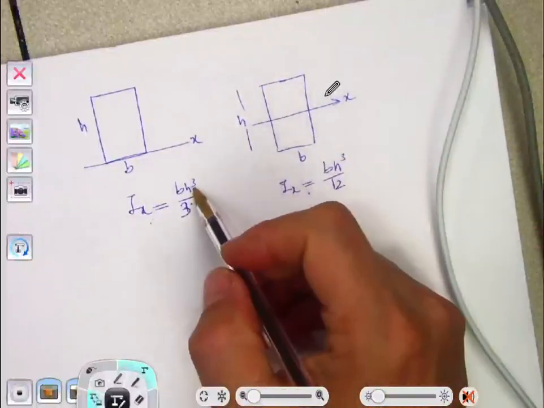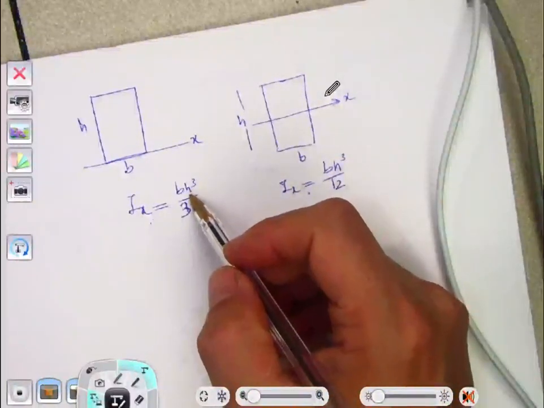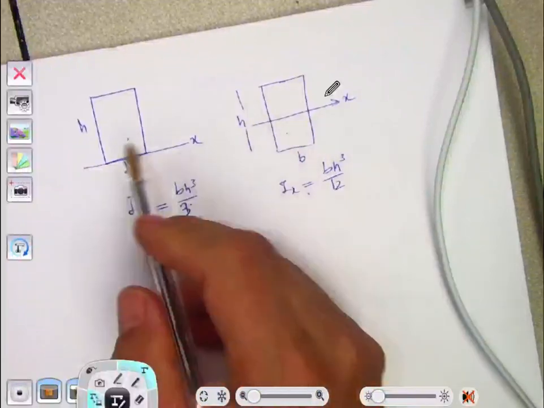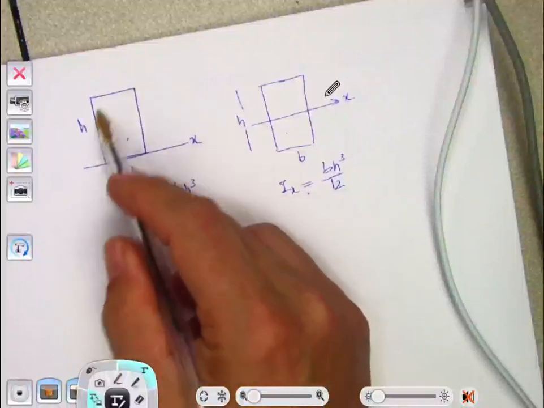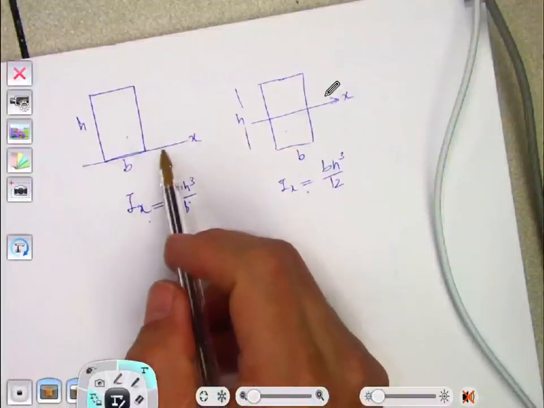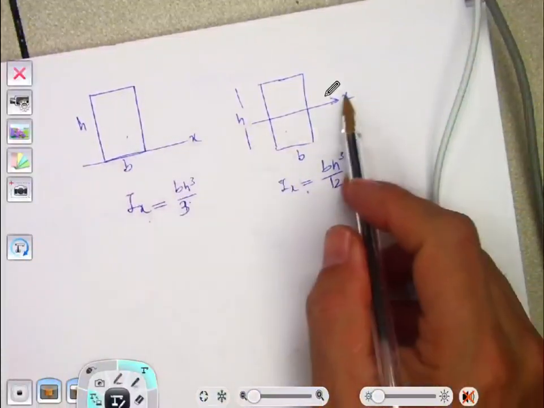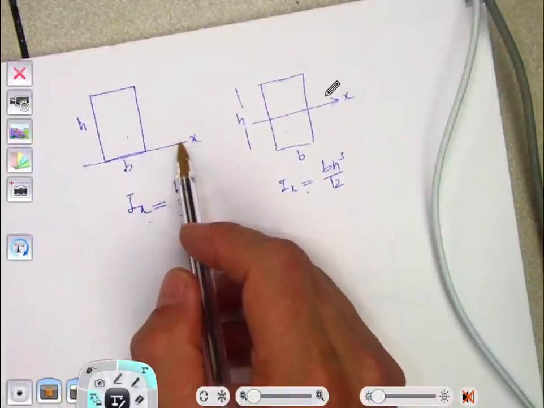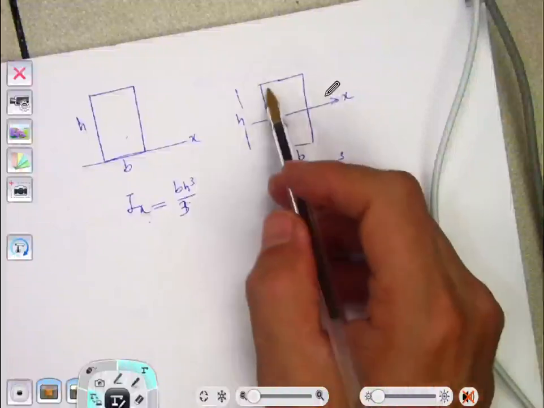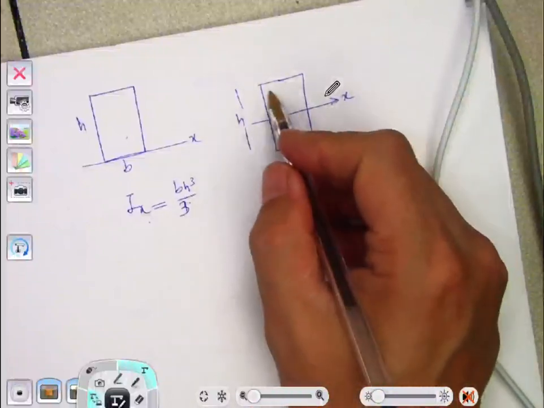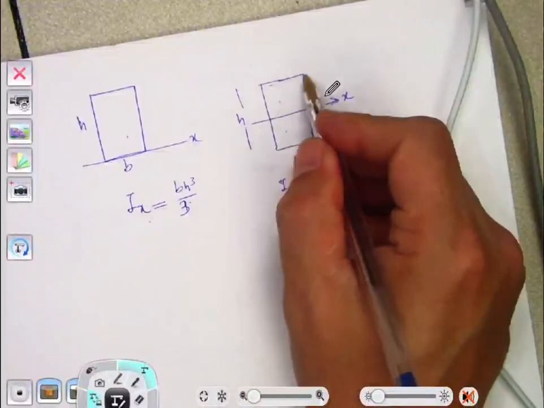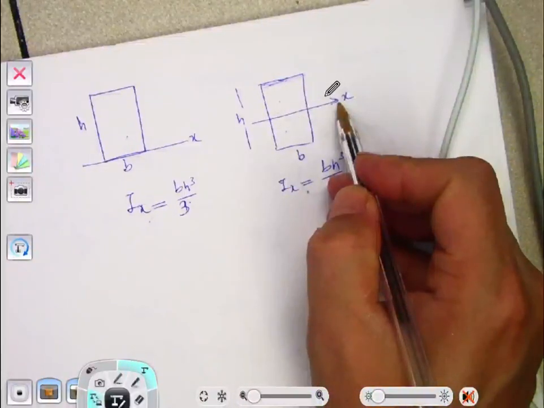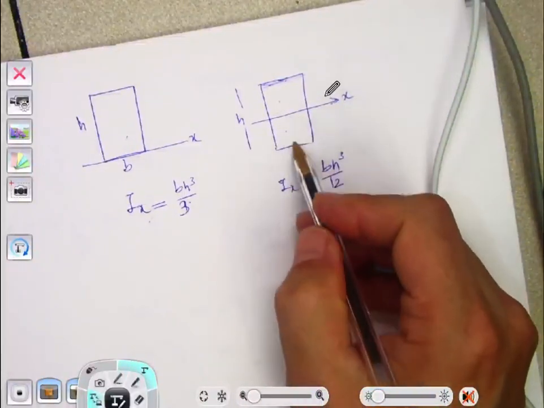But this makes sense to us. Why? Because if you compare this case with this case, in general the area here is distributed farther from the x-axis compared to this case. You see, at most here your areas are h over 2 apart from the x-axis, and here negative h over 2, right?